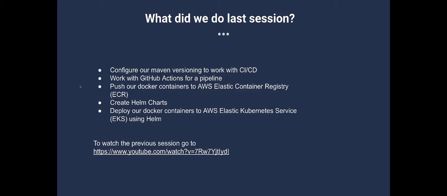We pushed our Docker containers to AWS in Elastic Container Registry. Then we created a couple of Helm charts to manage our deployments for us for the Kubernetes cluster. And then we actually deployed the containers into our existing AWS Elastic Kubernetes service using the Helm charts.